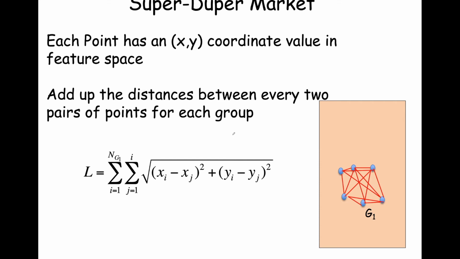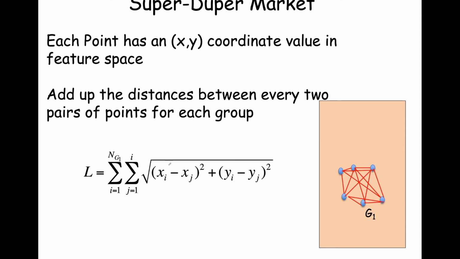And so what you're doing then is taking each one of those vectors and taking their difference along the X direction for the X feature and the Y feature, and we're going to add that up across all of the points in group 1.